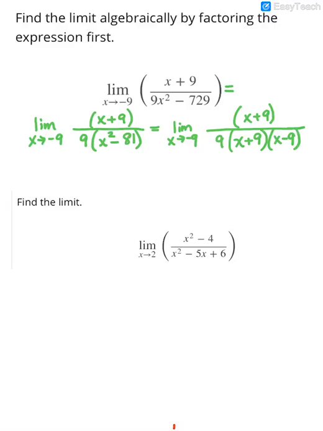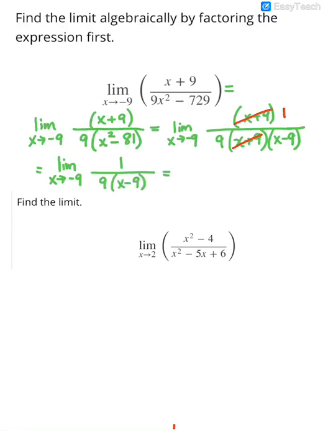And so what we notice happens in this case is that your x plus 9 factors cancel. Now that does mean that we are left with a factor of 1 on top. So at this point we're looking at the limit as x approaches -9, and we have the function 1 over 9 times x minus 9.